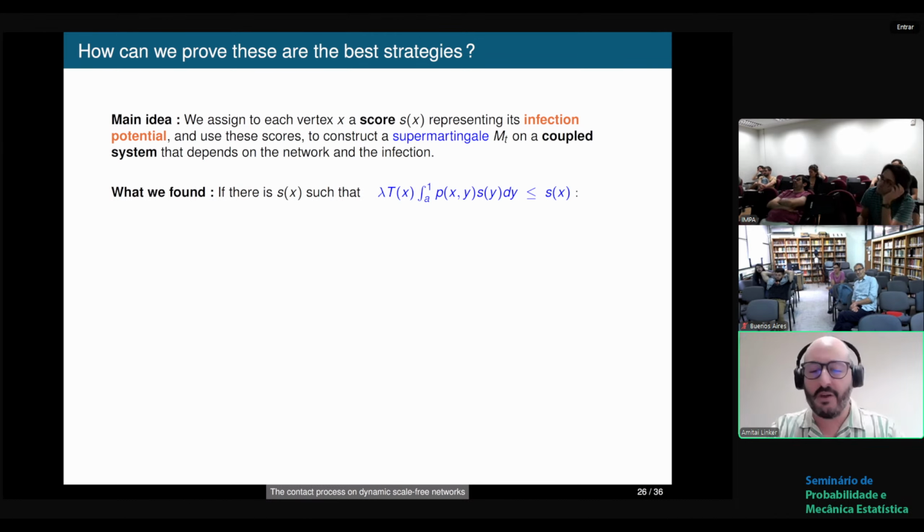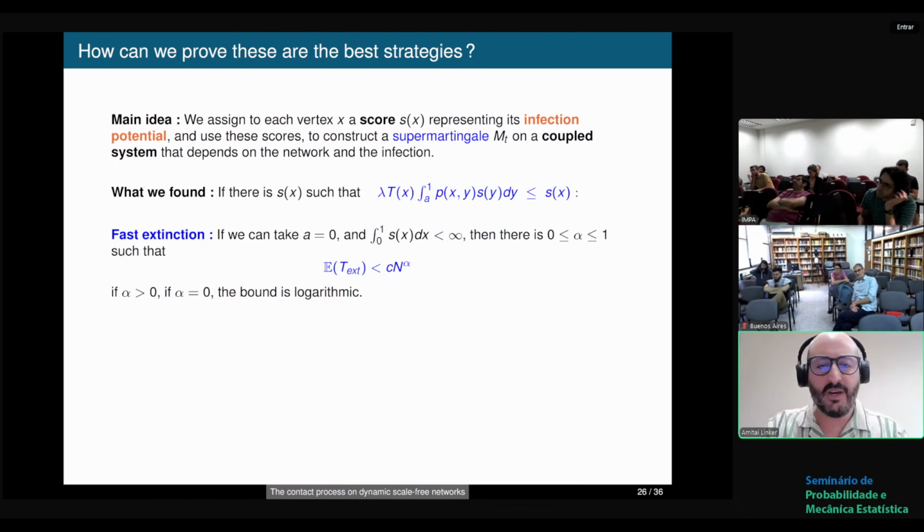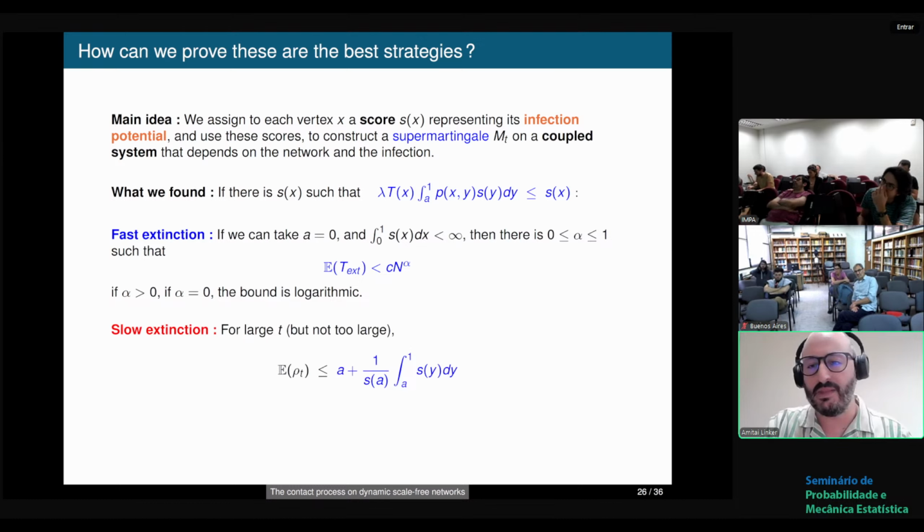So if after infecting whoever it is going to infect, on average this infecting potential decreases, then of course we are going to see a decrease of the infection until it reaches 0. I'm going to skip this one, but this is just going to give us matching upper bounds for the expected density.